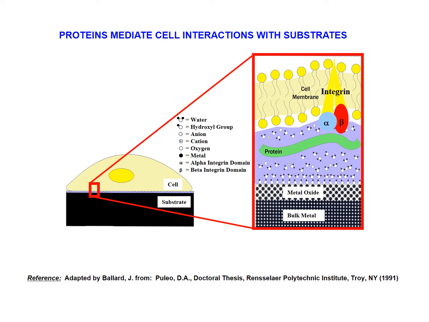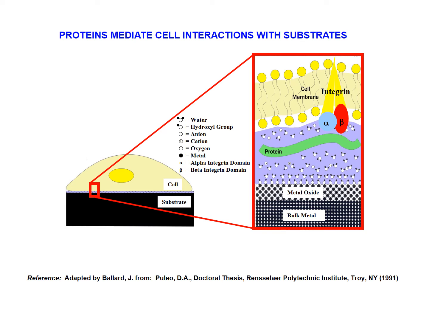We have in the middle an oval insert which indicates the nucleus of the cell. If we now take the interface between the cell and the substrate and magnify that particular portion, what we see is the following. If we start from the side of the substrate, we have obviously a bulk metal. On the top we have a layer which is the metal oxide.